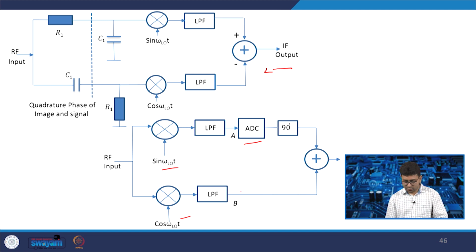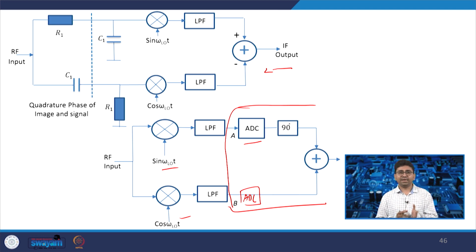Here there is an ADC, or a quadrature ADC can be used, and the complete down conversion is done in the digital domain, where it is easy to add the 90-degree phase shift. In the literature, people have tried this on the digital side in many applications. So, these are the two alternative ways we can add the 90-degree phase shift.